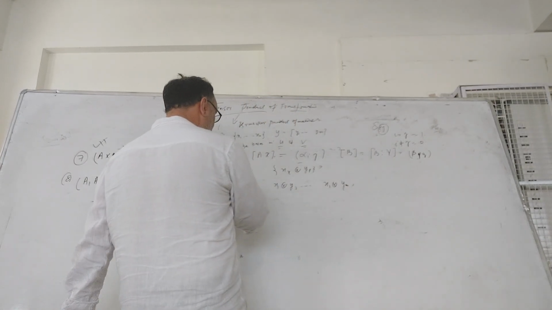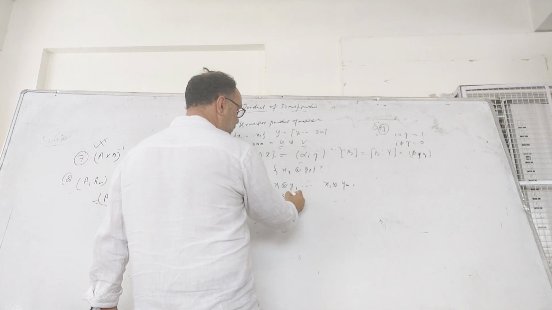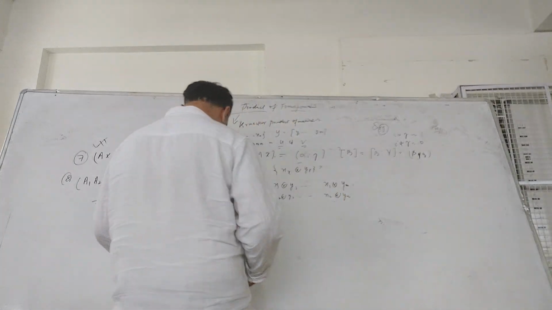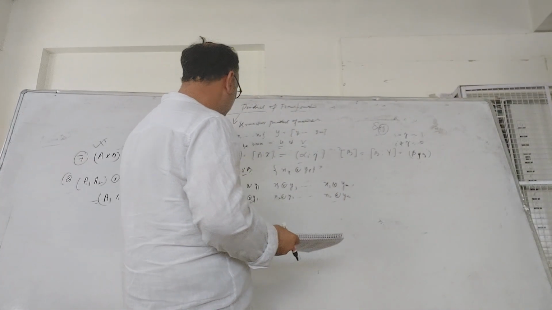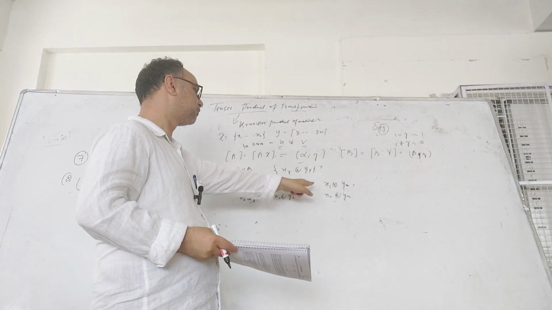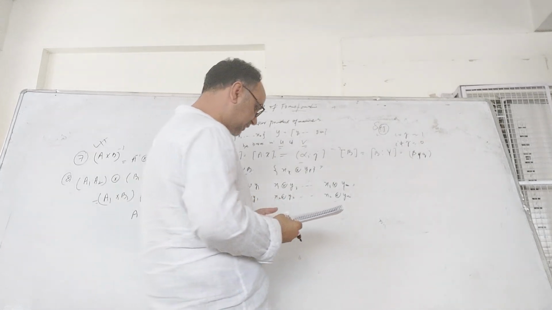In the same way x2 cross y1, x2 cross y2, and so on, up to x2 cross ym. And you can have the other way also: y1 cross x1, y1 cross x2, y1 cross xn, y2 cross x1, so in the reverse direction.